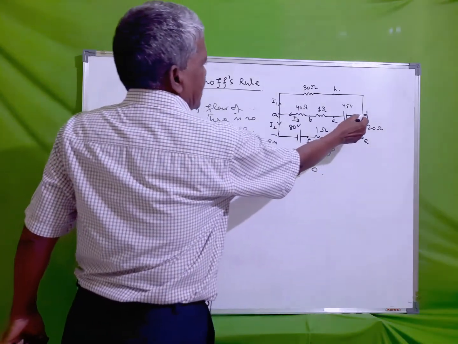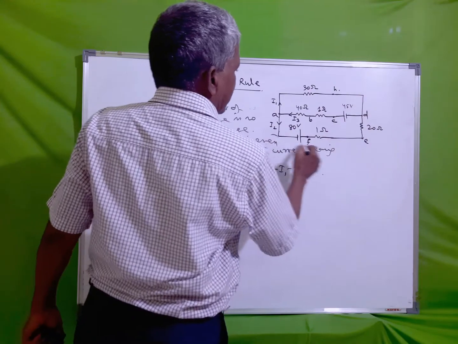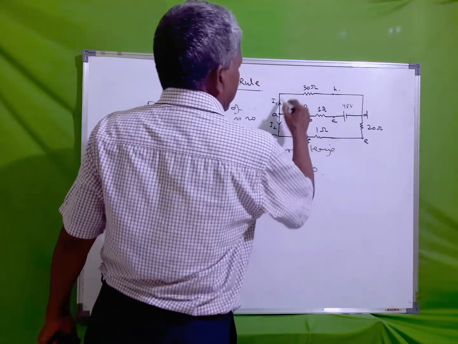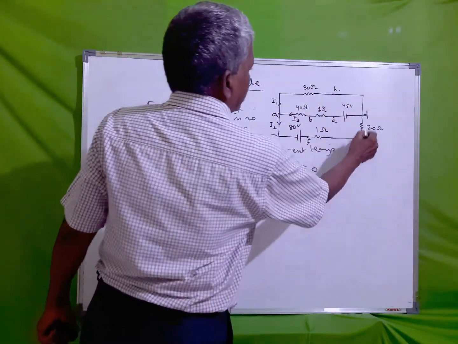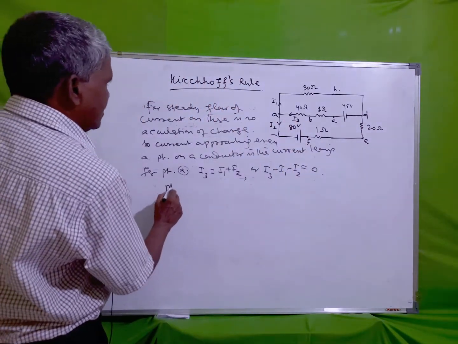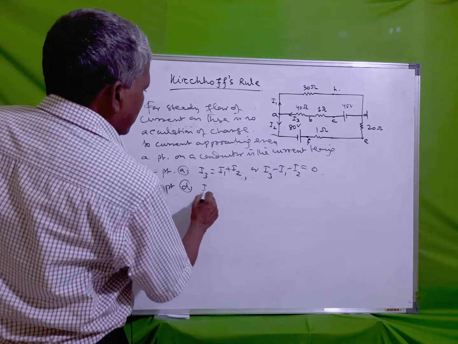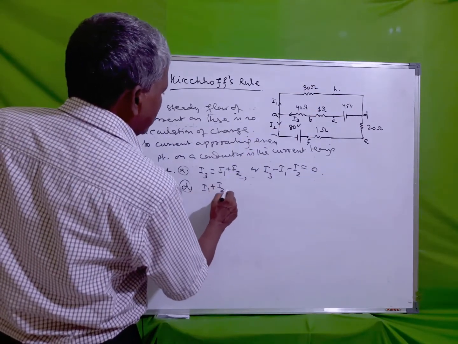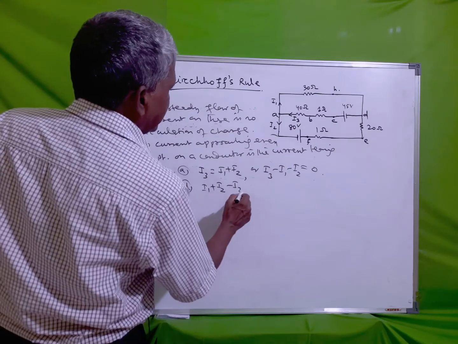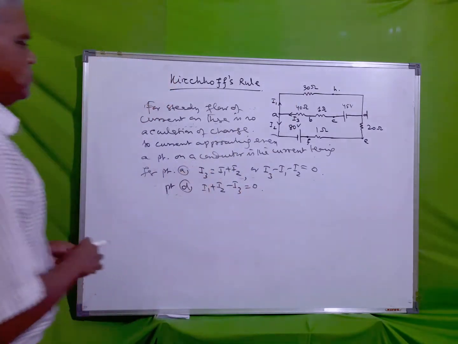Similarly, for point D, approaching current is I1 plus I2, departing current is I3, so it is also 0.